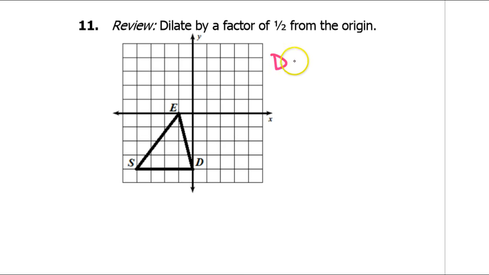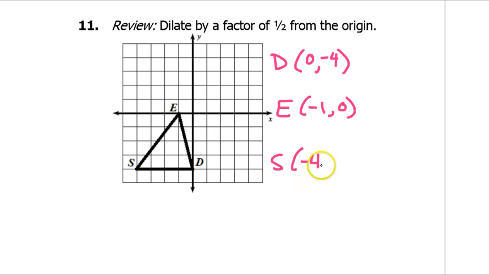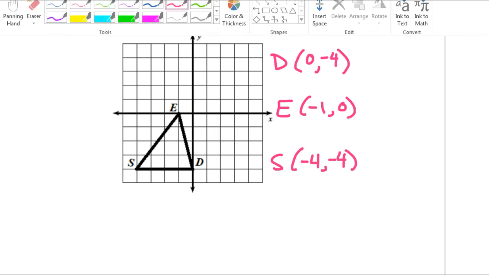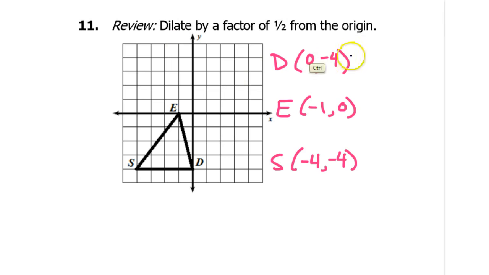Point D is the point 0, -4, and point E is the point -1, 0, and the point S is -4, -4. So if I want to find the image of these points, the scale factor is 1/2. So all I really need to do as I'm finding the image is multiply by 1/2.